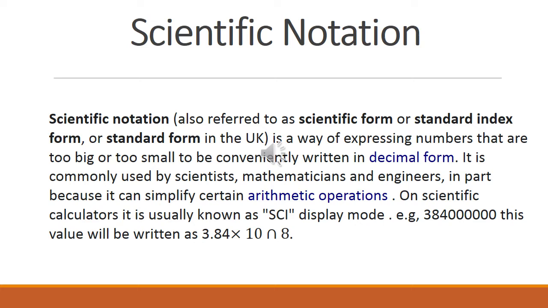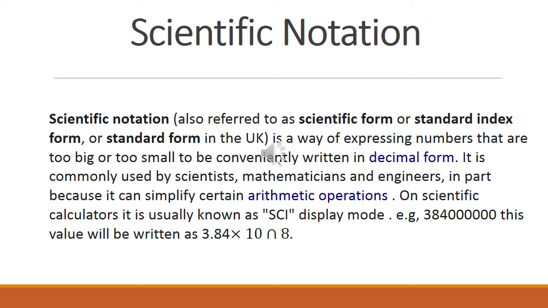Basically, it is a way of expressing numbers that are too big or too small to be conveniently written in decimal form. It is commonly used by scientists, mathematicians and engineers, in part because it can simplify certain arithmetic operations. On scientific calculators, it is usually known as science display mode.